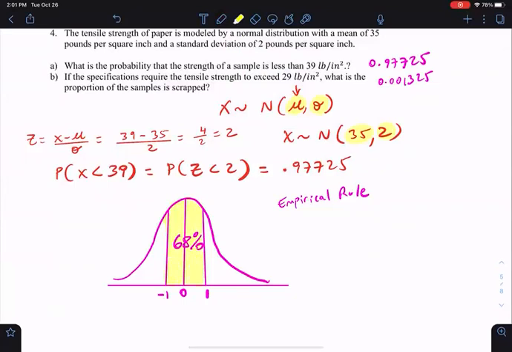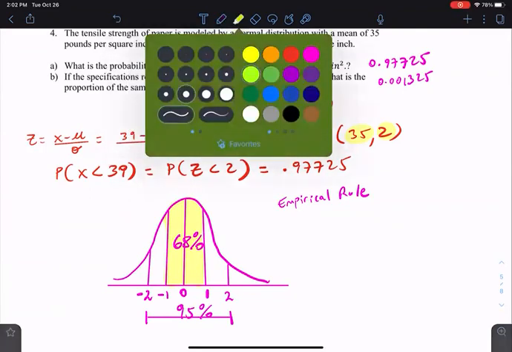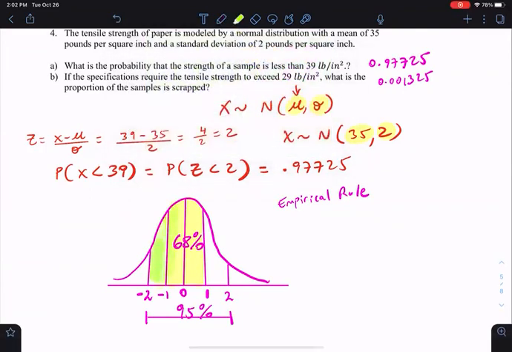Then 2 standard deviations below the mean and 2 standard deviations above the mean cover 95% of the area. So the part I'm coloring in green, that's going to be 95%. So the yellow bar and this bar cover 95%.